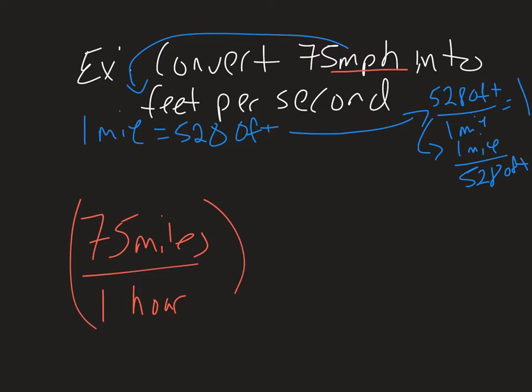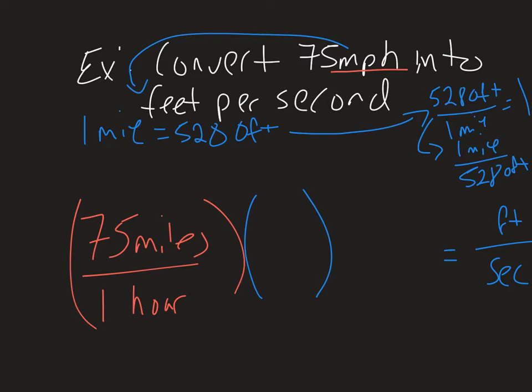Now the idea here is we want to convert our miles into feet. So I'm going to ultimately try and end up with something that has feet on the top and seconds on the bottom. That's what I want to get to. Now I'm going to have to multiply by some factors to make that adjustment. So the first thing I'm going to do is multiply this by something. Just kind of like I do with common denominators with fractions, I'm technically multiplying by 1. I'm not really altering it, I'm just changing its form a little bit.